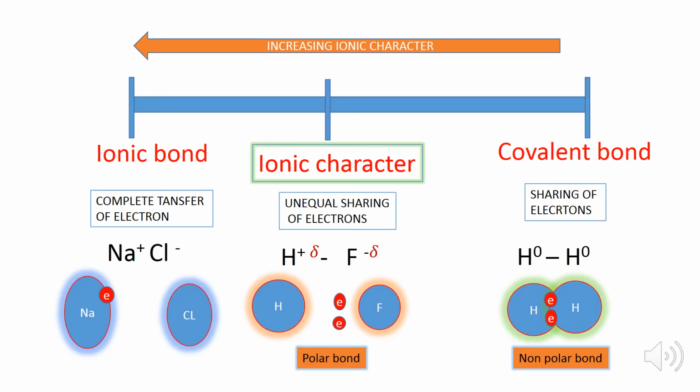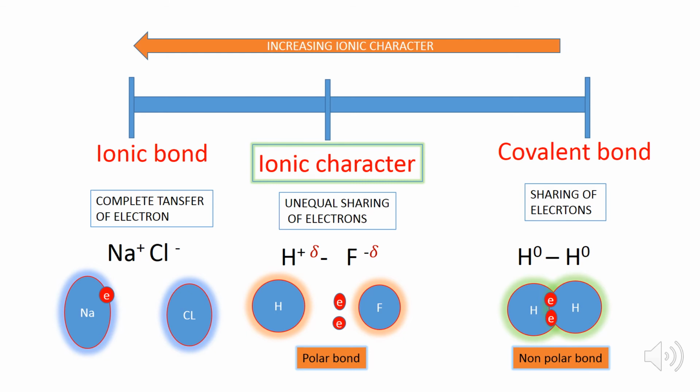Let's discuss the increasing order of the ionic character. As we know, covalent bonds have some degree or range of ionic character. Nonpolar covalent bonds have London dispersion forces, and due to these forces, temporary dipole formation takes place.